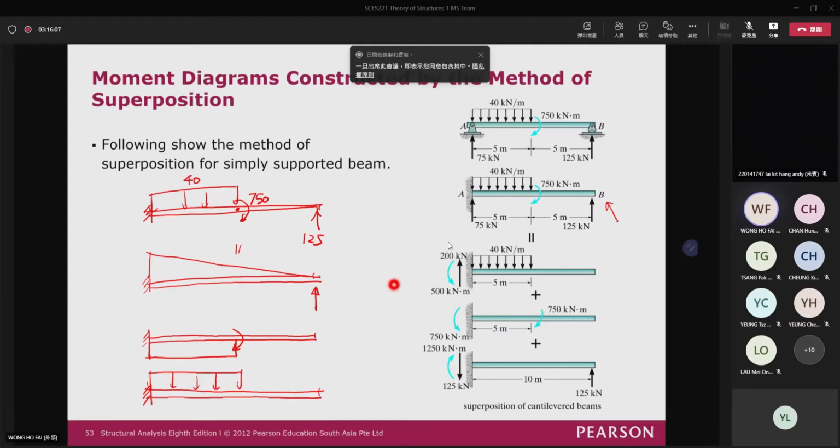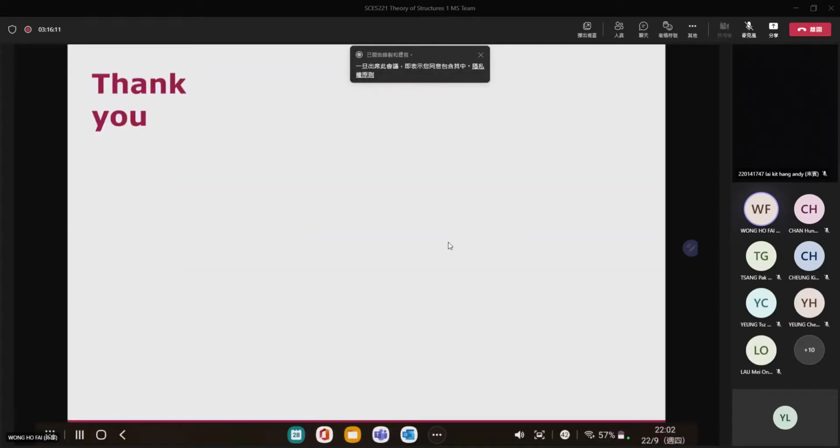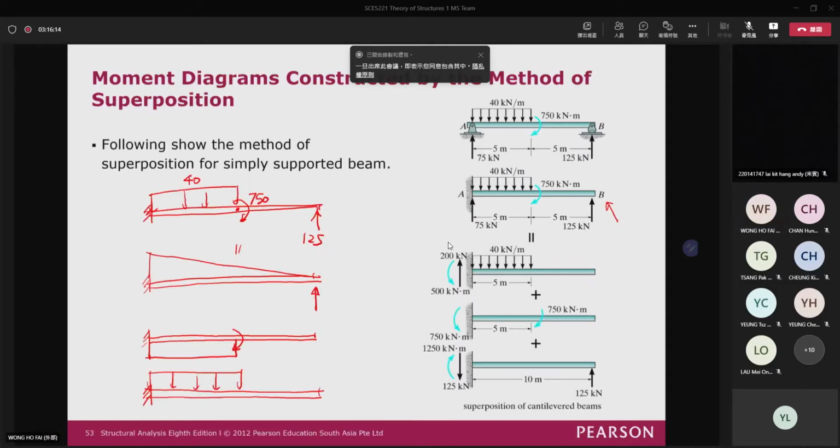And then for the one going down, because it is a distributed load, it will be something like this. So you just add the three bending moment diagrams together. It will be the overall bending moment diagram of the original structure.